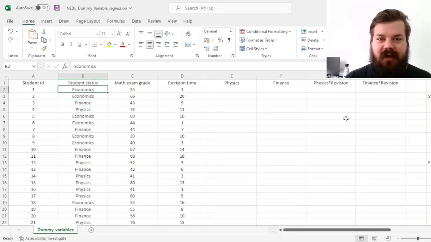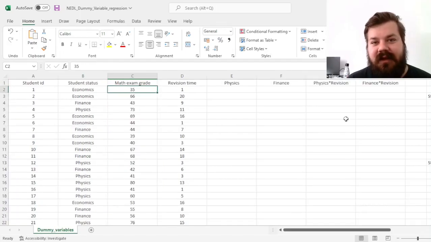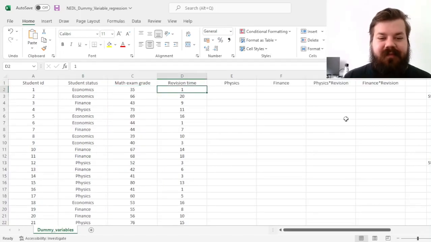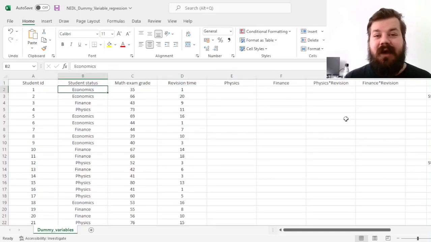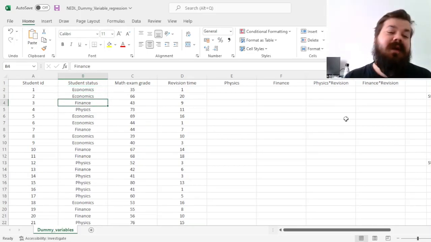And we might want to know not only the relationship between the grade the students obtained during the exam and the revision time they spent, so basically how effective revision is, but also perhaps we might want to gauge some differences between students from various programs. For example, do economics students do better than finance students?